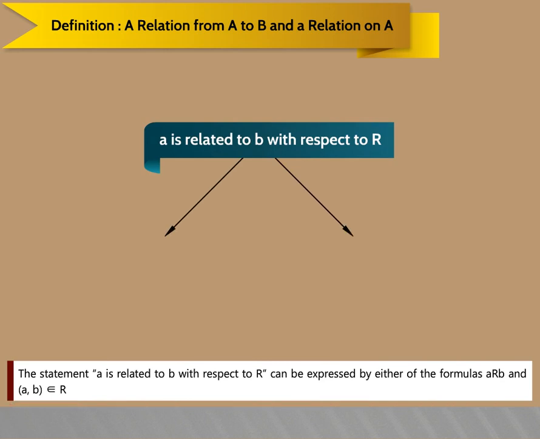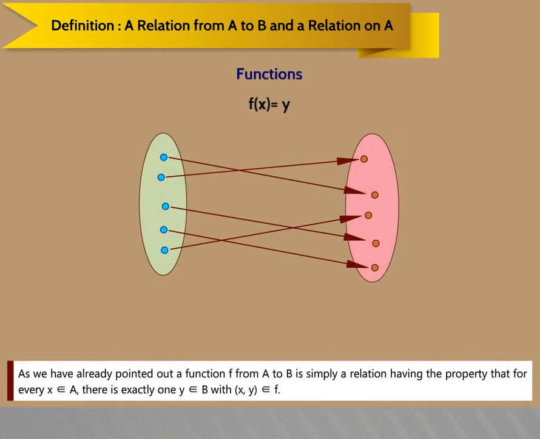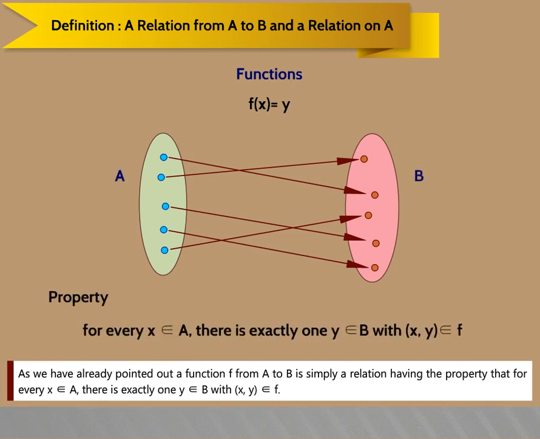The statement a is related to b with respect to R can be expressed by either of the formulas aRb and (a, b) is an element of R. As we have already pointed out, a function f from A to B is simply a relation having the property that for every x in A, there is exactly one y in B with (x, y) in f.